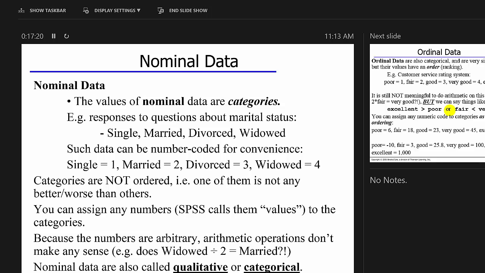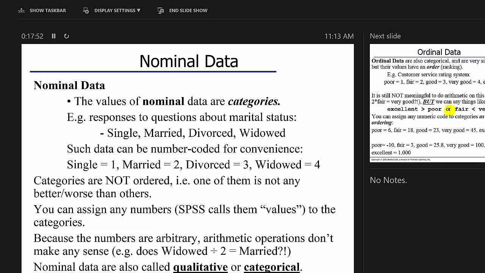Let's say I have collected a bunch of responses on the street. Single, married, and then another married, then single, and then divorced, and then single, and then married again. So I record them in the file: 1, 2, 2, 1, 2, 3, etc. My highest number was 3, my lowest number was 1. If I compute the range as the difference between the highest number 3 and the lowest number 1, the difference is 2. What does that mean?